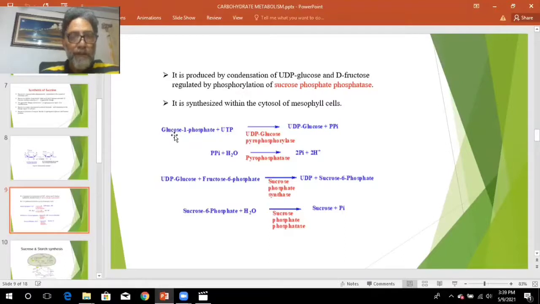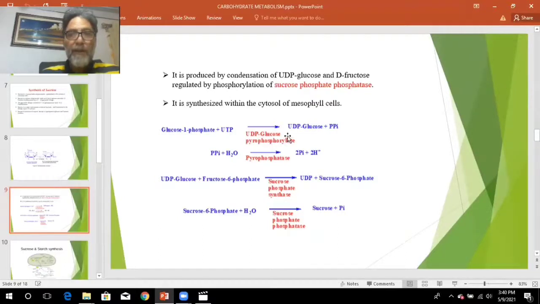In the mesophyll cells, through one of the pathways, you are getting glucose 1-phosphate, and then in the presence of UTP, uridine triphosphate, and the enzyme UDP glucose pyrophosphorylase, there is a formation of UDP glucose, and also pyrophosphate. What happens to the pyrophosphate takes place later on.